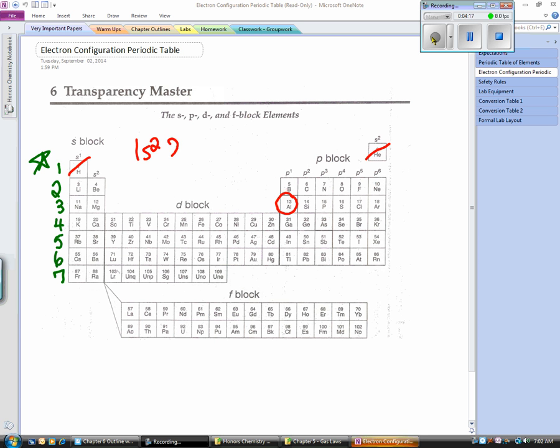Second energy level, in the sphere, we went 2 spots. Second energy level, in the p's, 1, 2, 3, 4, 5, 6 blocks. Third energy level, in the s's, 2 blocks. Third energy level in the p's, just the 1 block.